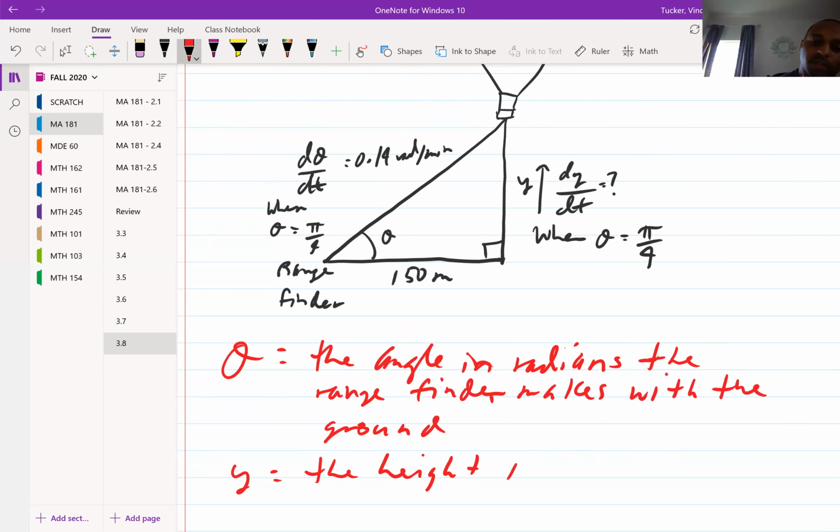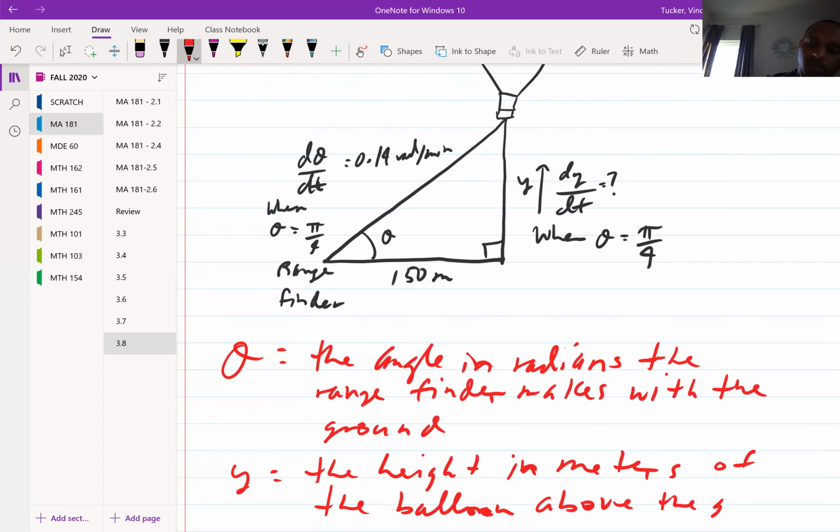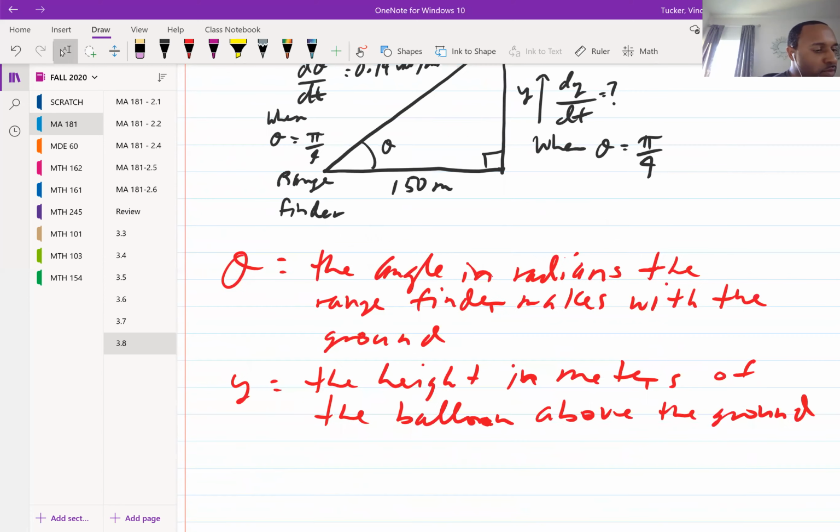It says in meters. So our two variables: theta, the angle in radians the rangefinder makes with the ground, and the height in meters the balloon is above ground.